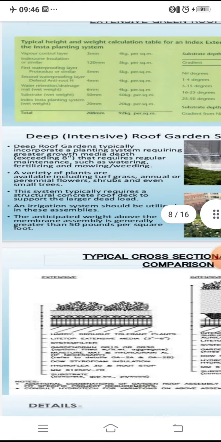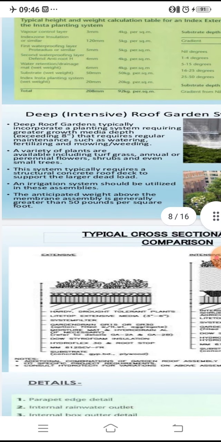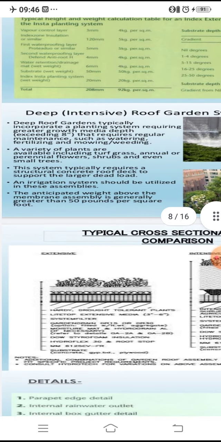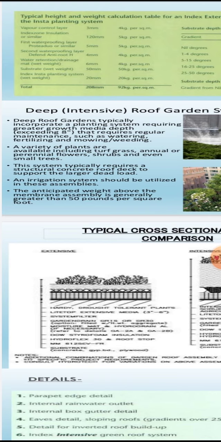Then the deep roof garden generally shows a system requiring greater growth media, right?